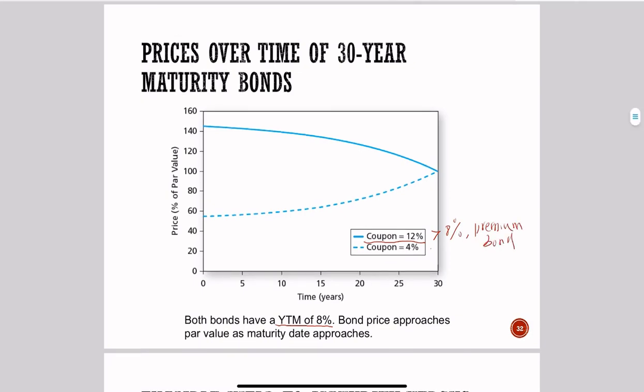And 4% is smaller than 8% of the yield. So this is a discount bond. Now, what is the par value here? We're just having the percentage of par value. So this gives us the par value. Now you can see that this is the discount bond. And this is the premium bond.